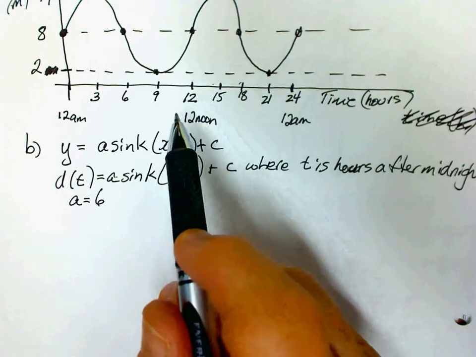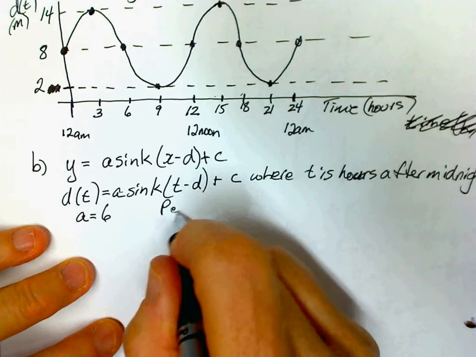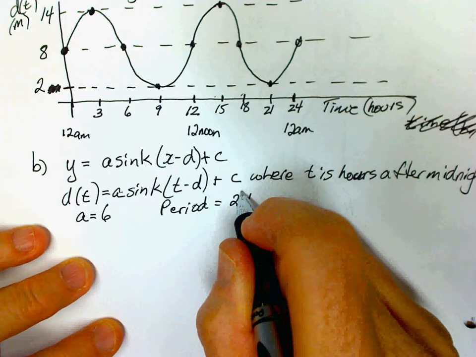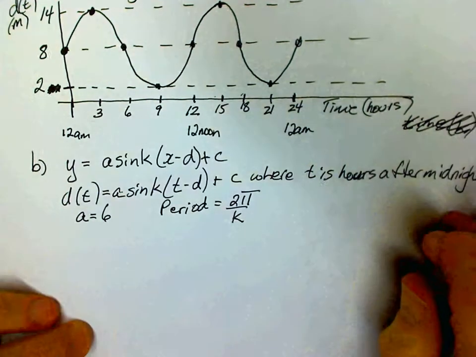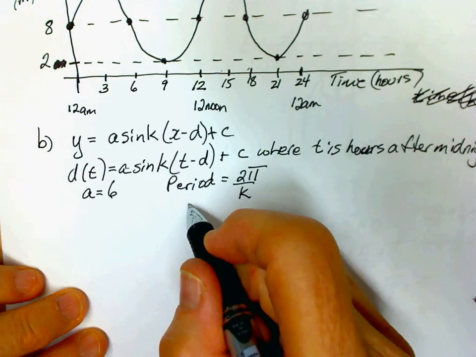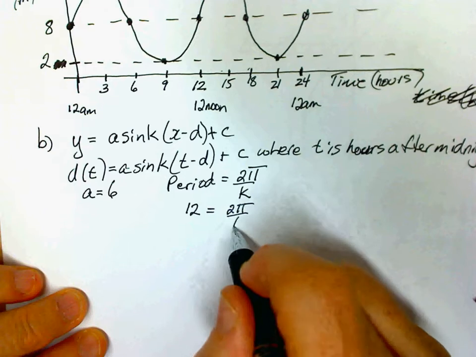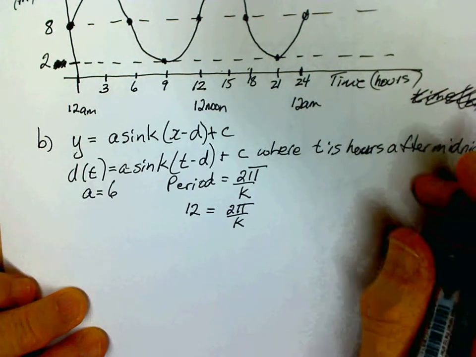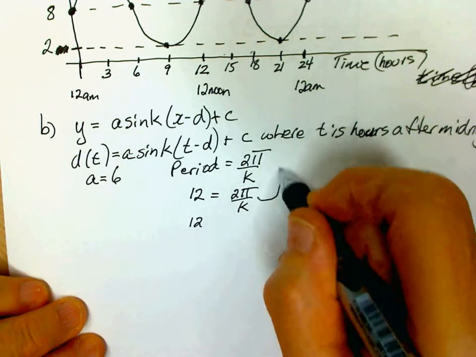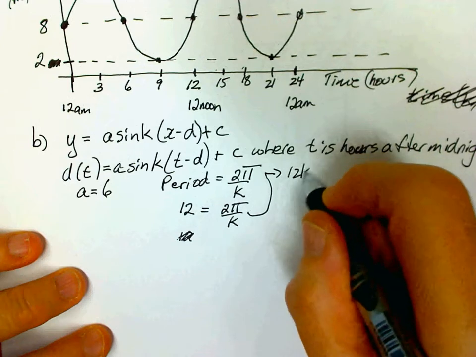So we know our period is equal to 2 pi over K, right? Now, we know our period is 12. 12 hours equals 2 pi over K. So we're going to have to solve for K. 12K equals 2 pi.